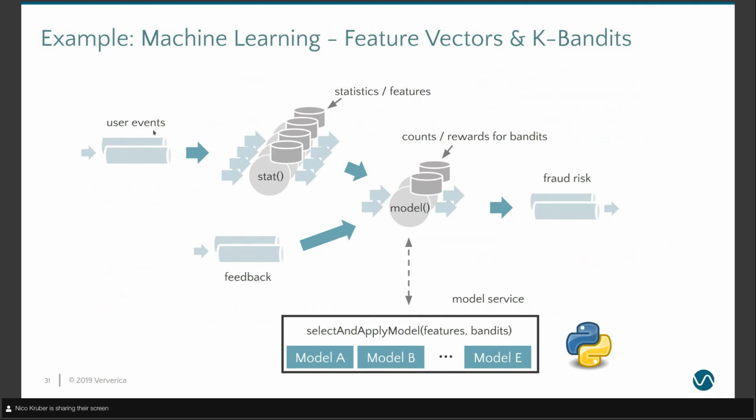We might have some user events that we receive over a log. Then we have a few functions that gather statistics out of those and extract your feature vectors. Eventually, they get into your model that does your counts and calculates the rewards for all those bandits.